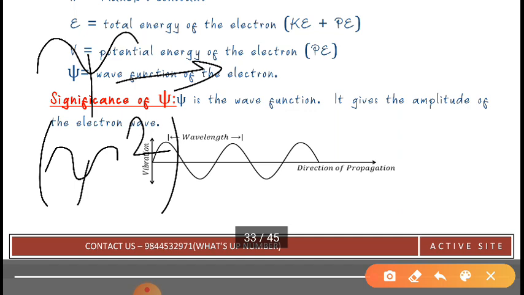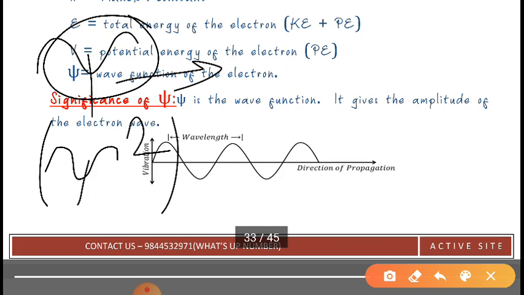Here x, y and z are the coordinates of the location of the electron, m is the mass of the electron, h is the Planck constant, E is the energy of the electron, and V is the potential energy of the electron.